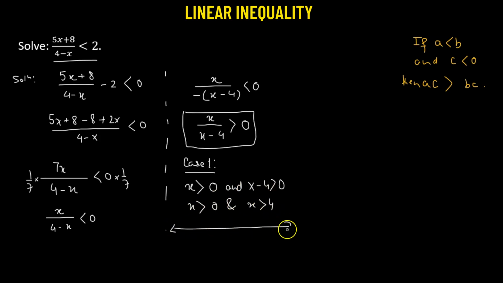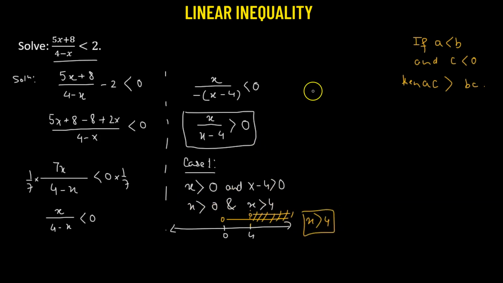On the number line, we have 0 and 4. We consider all the values of x greater than 0, to the right of 0, and all the values of x greater than 4, to the right of 4. Now we have to find the common solution that satisfies both of them. So the common region gives us x > 4. This is what we have obtained from case number 1.